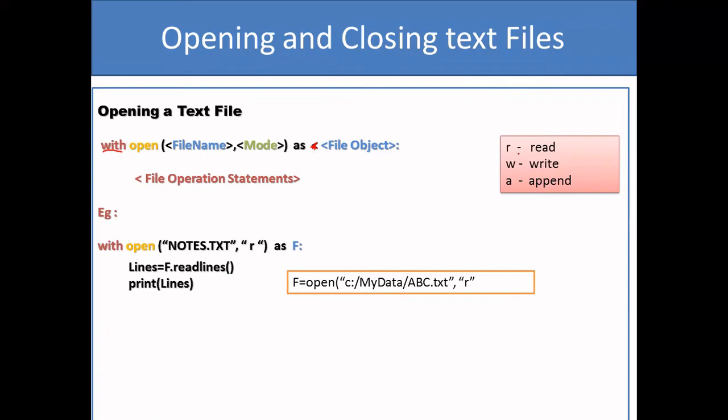Of course the modes are different, whatever we have studied, that is your W plus, R plus, and of course A plus. Any of the modes as per your requirement you can use over here. I forgot to put the bracket over here. So of course this is how to open your file with.